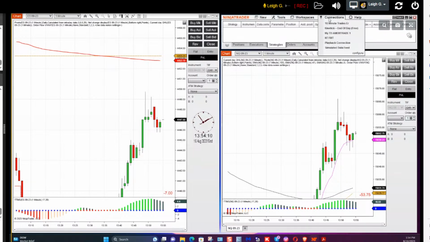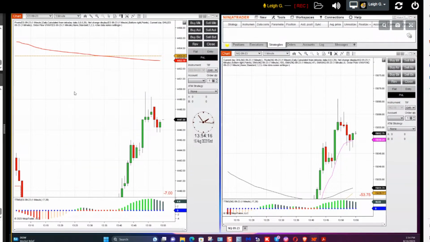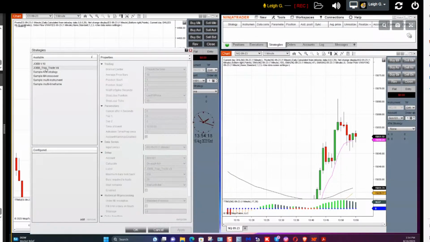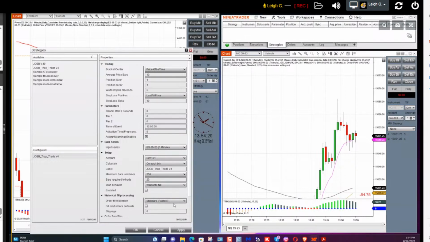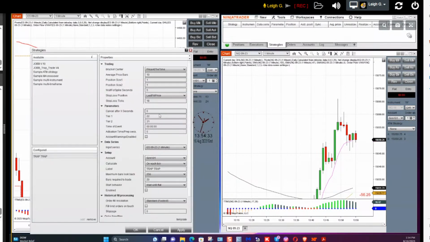Let me bring back my trap trade. Two seconds, so we have FOMC minutes, $22 and 31, the time of the event is 1400. All right, so that trap trade is set.